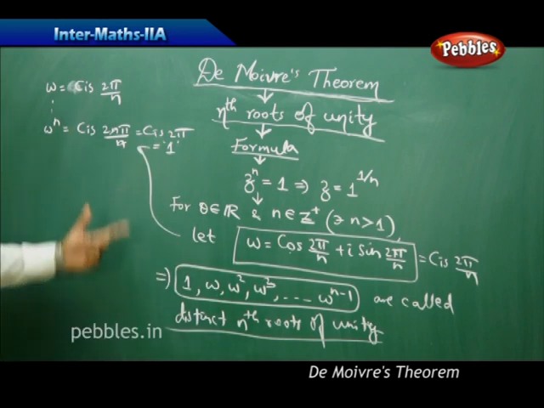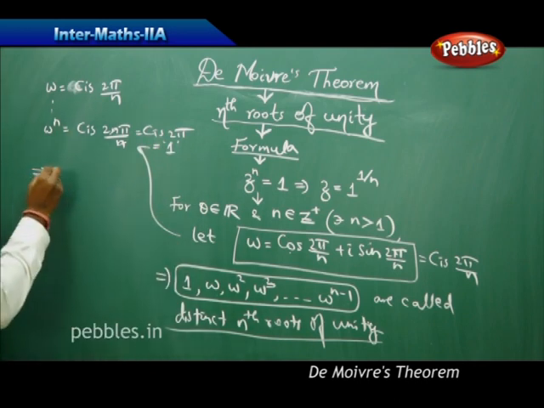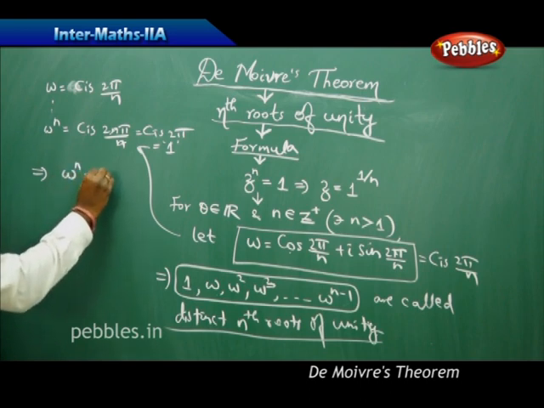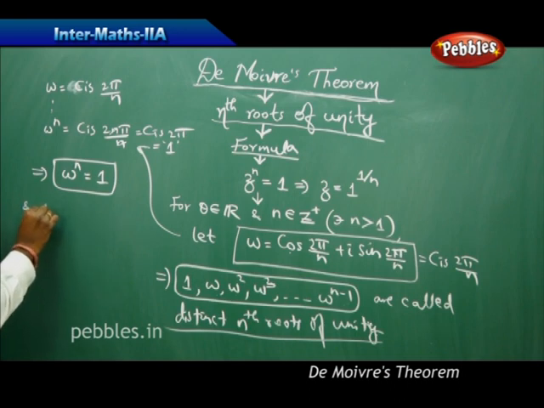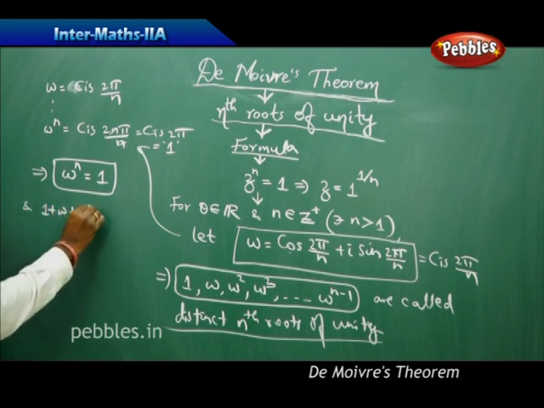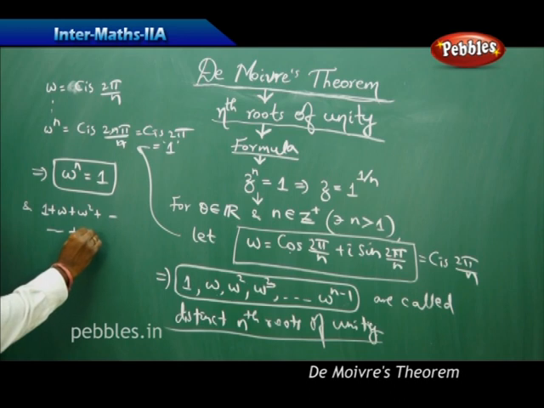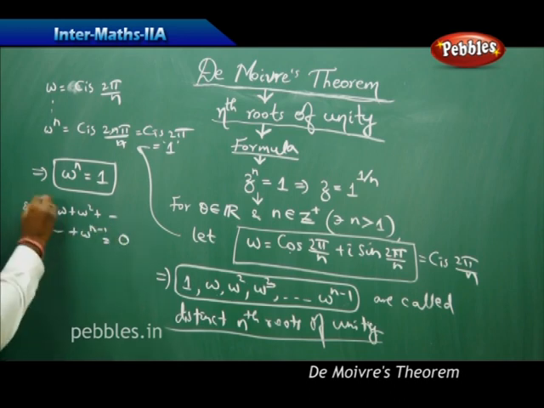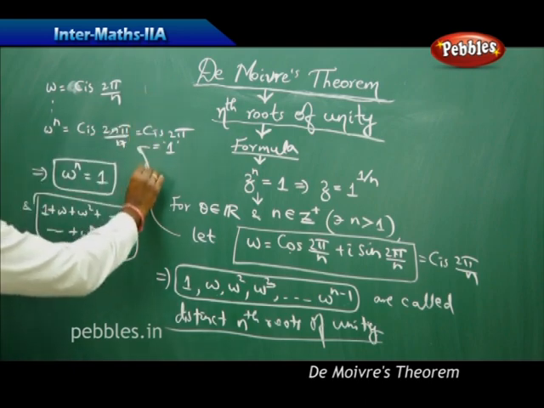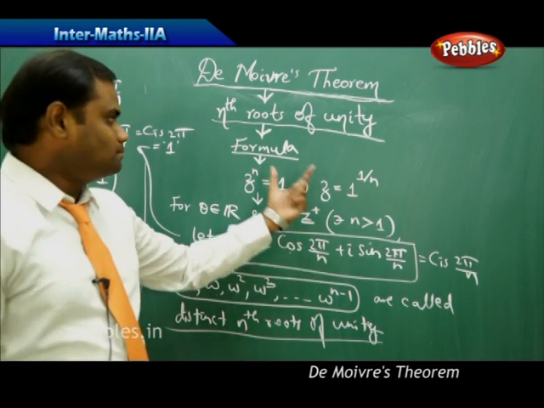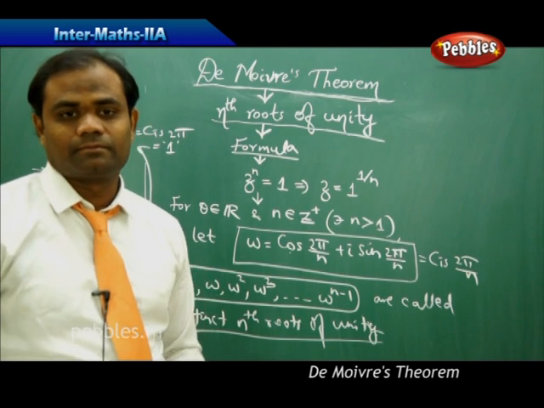So omega power n is 1, and 1 plus omega plus omega square till omega n minus 1 is 0 are the two basic properties which I identify from nth roots of unity.